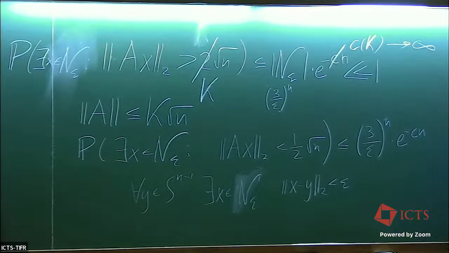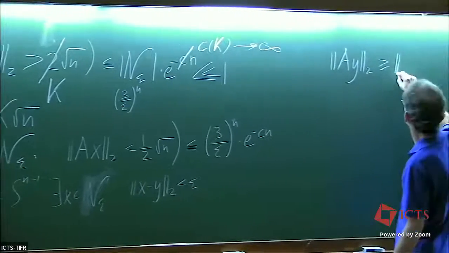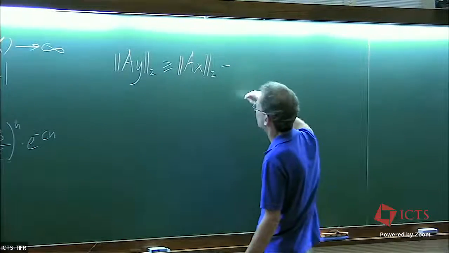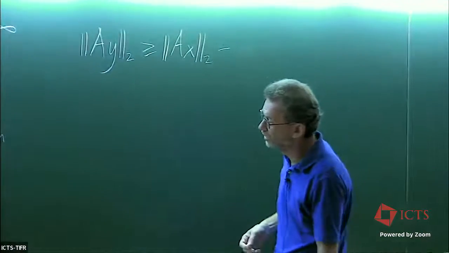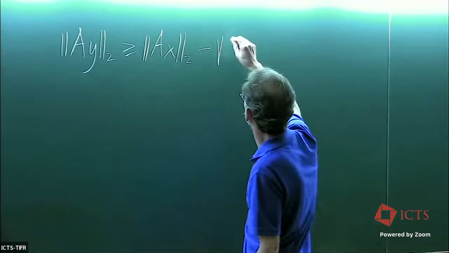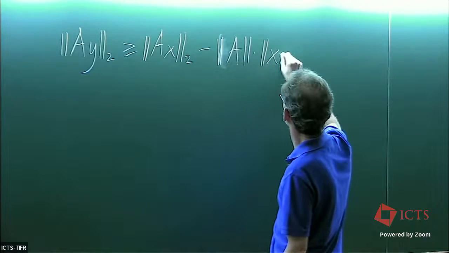So the norm of Ay, I want to propagate my estimate to the whole sphere, is greater or equal to the norm of Ax minus the norm of A times x minus y, which I can estimate above by the norm of A times the norm of x minus y.